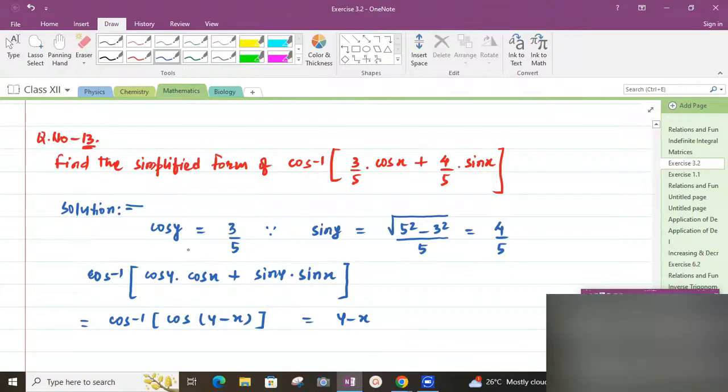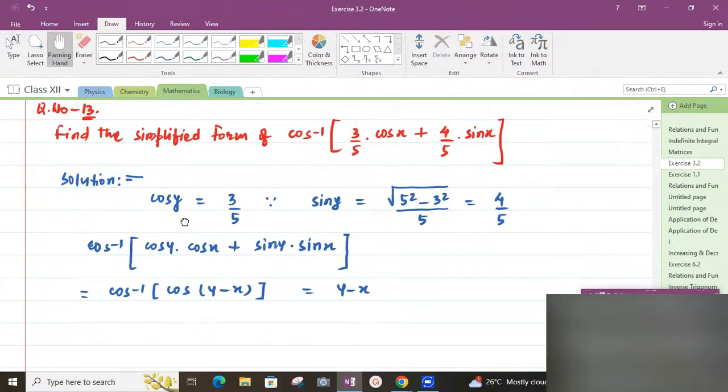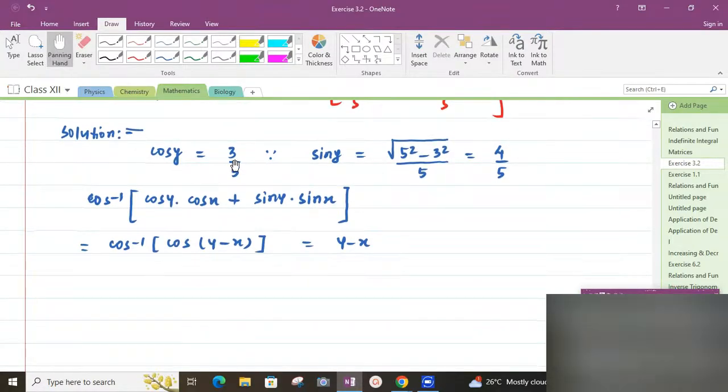So we find out what is the value of y. We take the help of any one of these two. Cos y equal to 3 by 5. Therefore, y equal to cos inverse 3 by 5.